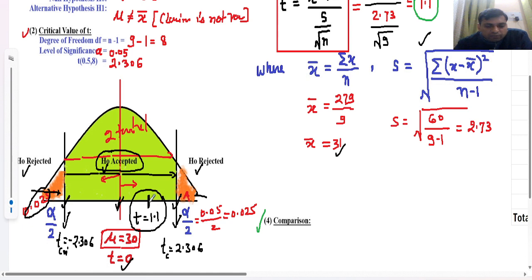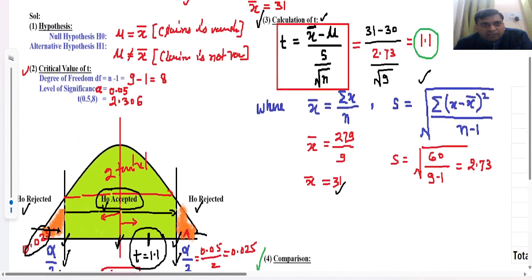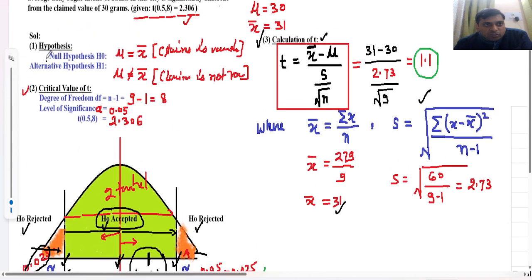So this point is in this green area. That's why H0 is accepted. If this point is more than 2.3, then it lies in this rejection area of H0. So for this case we can say the null hypothesis H0 is accepted. This means the population mean 30 and sample mean 31 we can consider as equal.